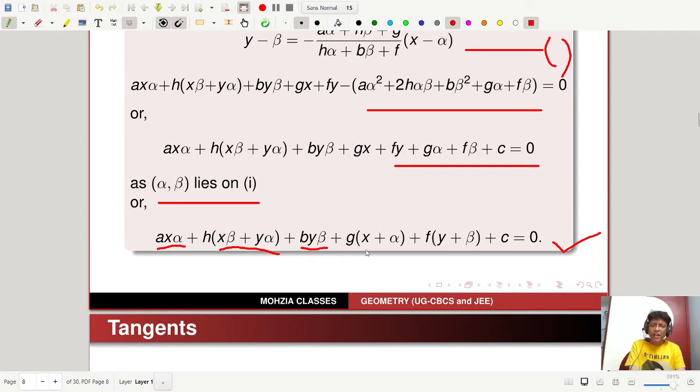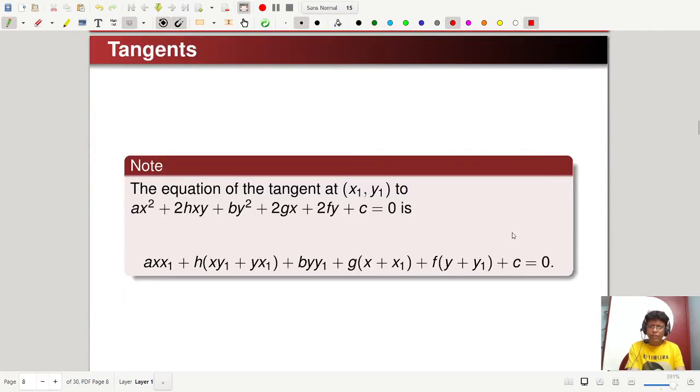Your 2gx will be halved, so g into x plus alpha. Again your 2f term will be halved, that is f into y plus beta, and the constant remains as constant. So that is the logic behind how you write the equation of the tangent directly from the curve.